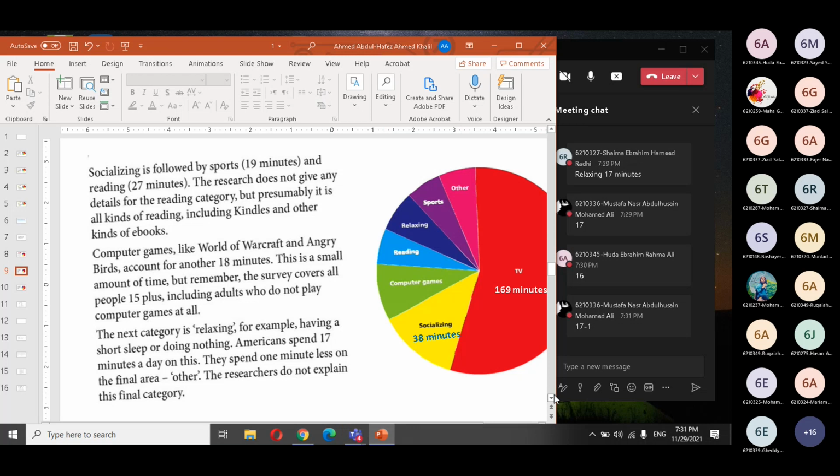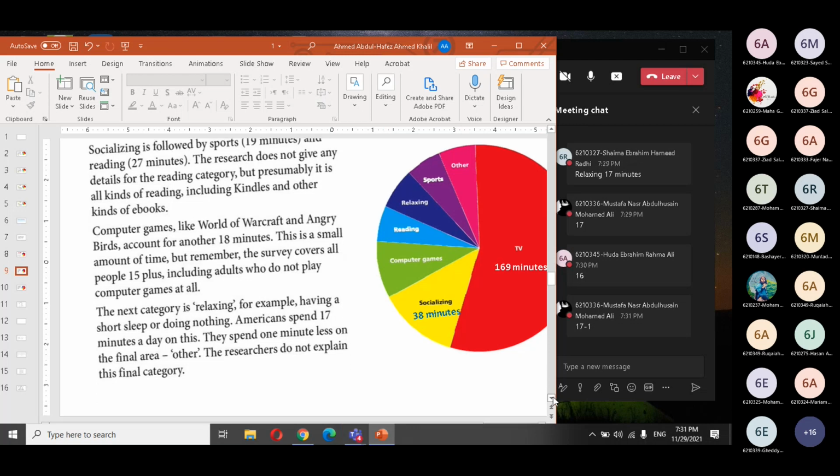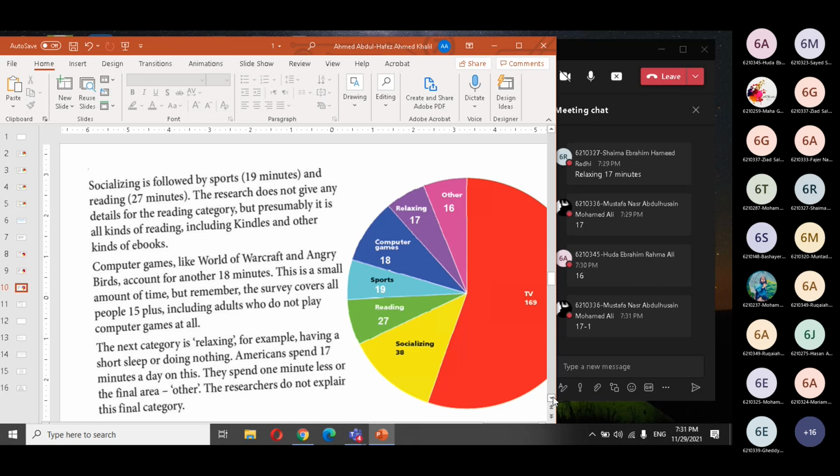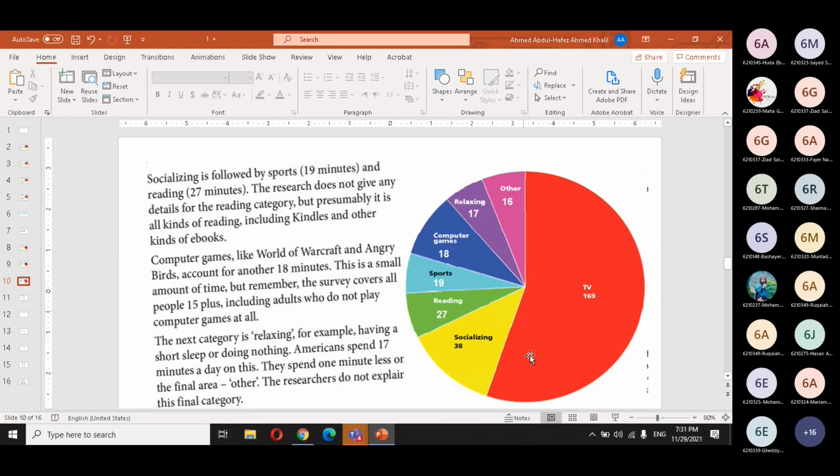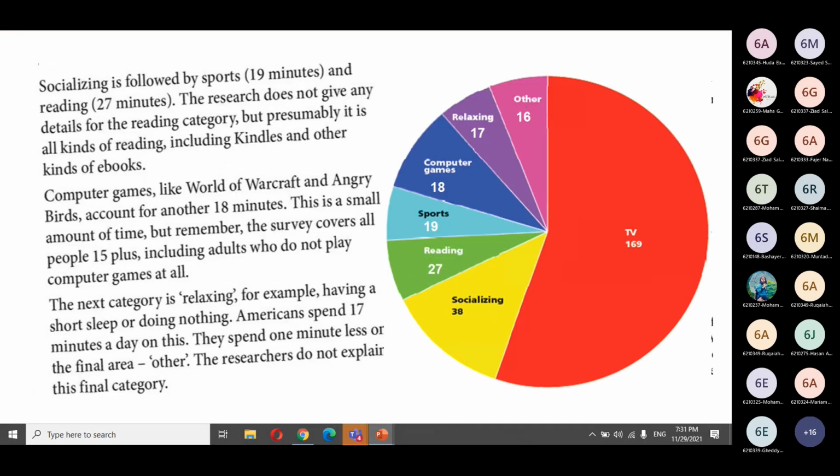So now we can complete the chart in this way. This is the full chart with the full timing. As you can see here, other 16. So from here you can see now no need for the text.